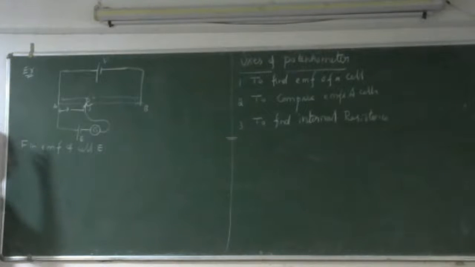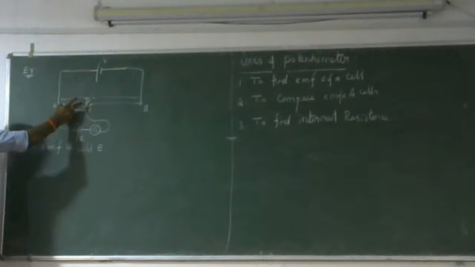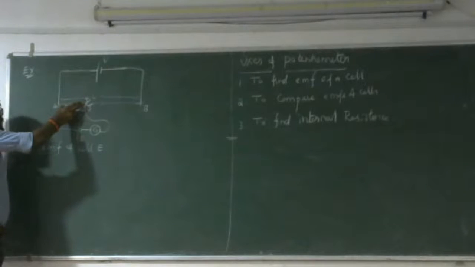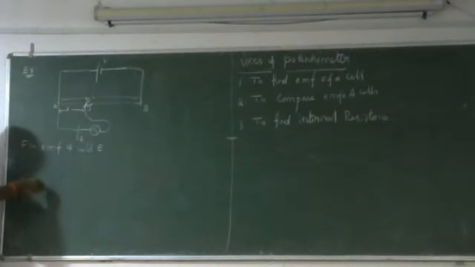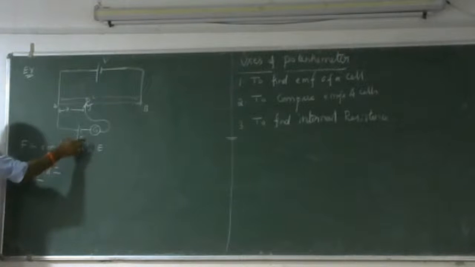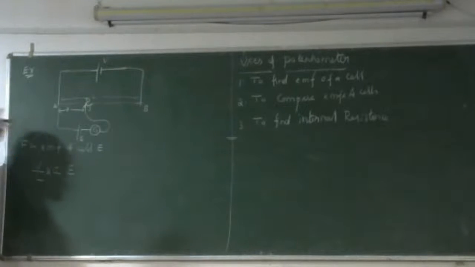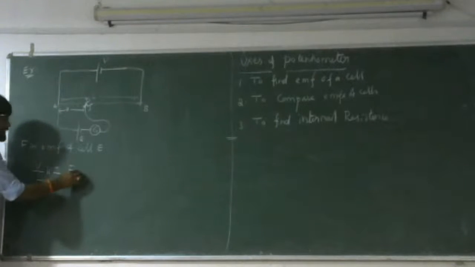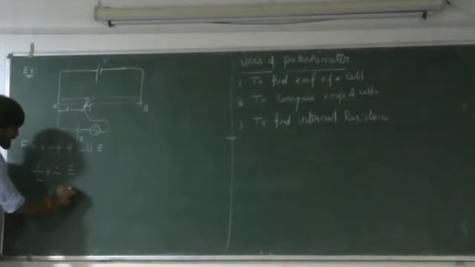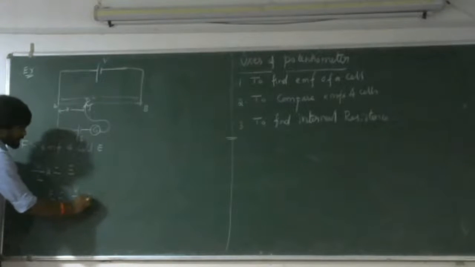Under that condition, the potential difference across this length of the potentiometer wire can be expressed as V by L, potential per unit length, into X, which is equal to the potential of the cell, which we don't know. If V, total length L and X are given, we can directly find it. E is equal to V by L into X, we also call it K into X.